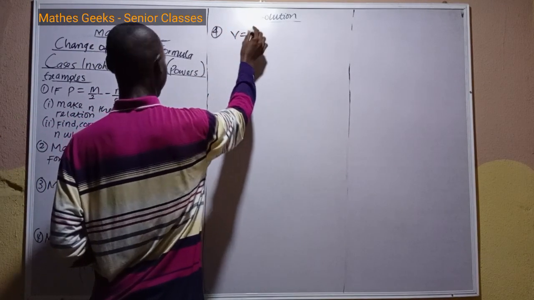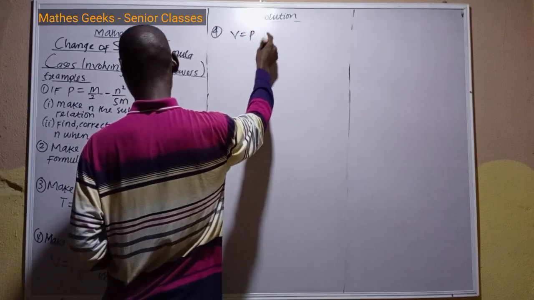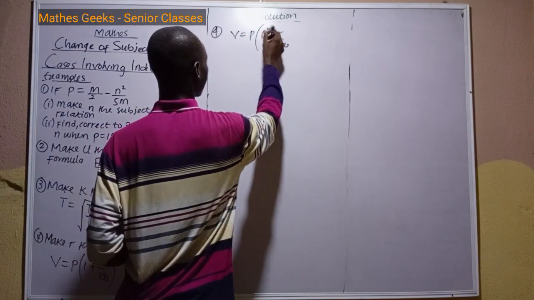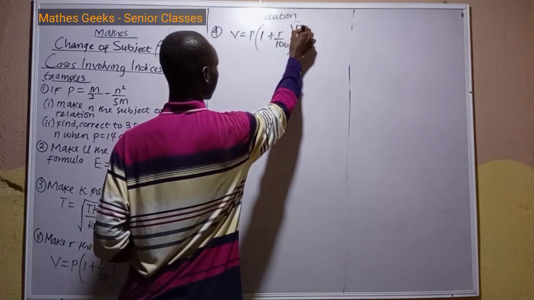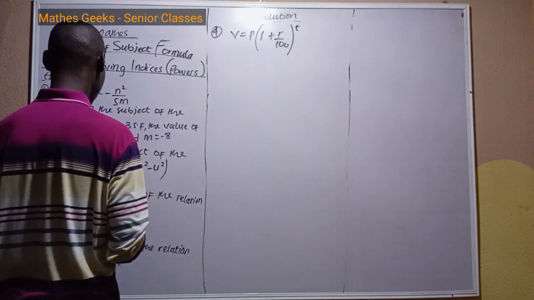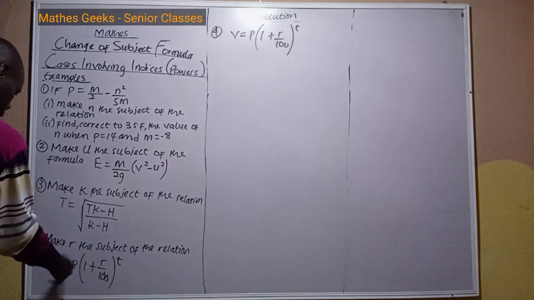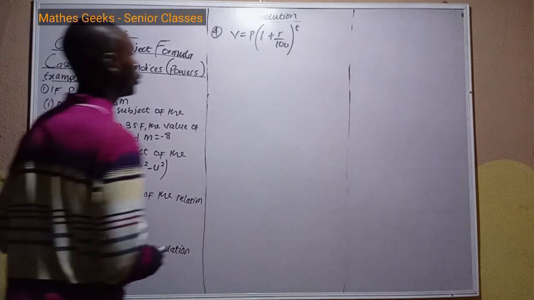Therefore, next: V is equal to P times (1 plus R over 100) to the power T. In this question, we have to make R the subject of the relation.